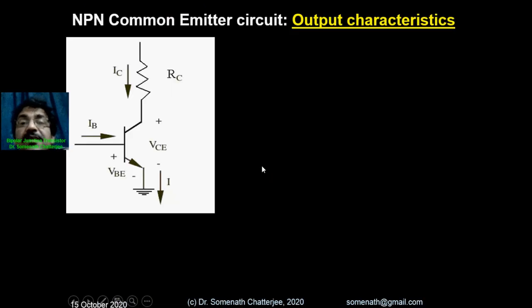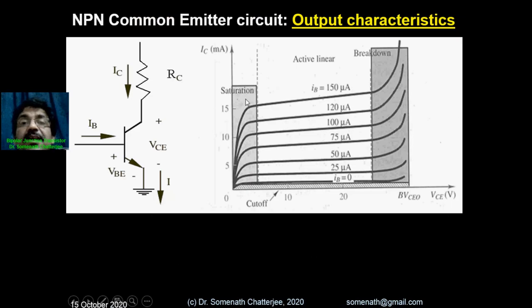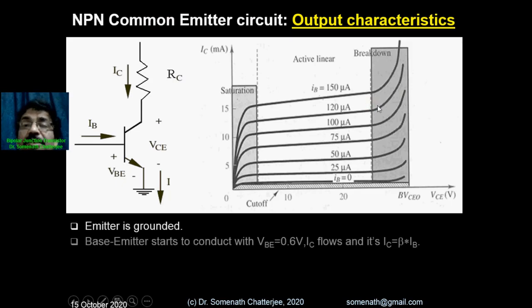So with fixed IB we will get the different parts: the saturation, active, linear, and the breakdown. Breakdown means that after some time it is in reverse bias, so when a huge current flows at a time, we will get the breakdown. That is the breakdown region.